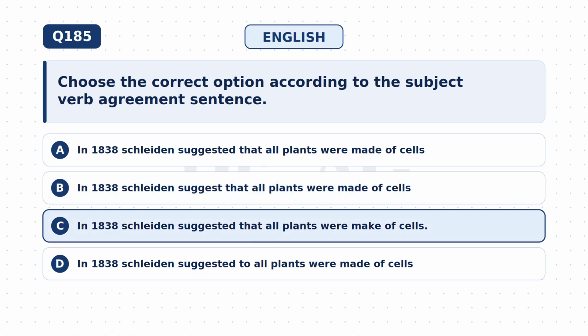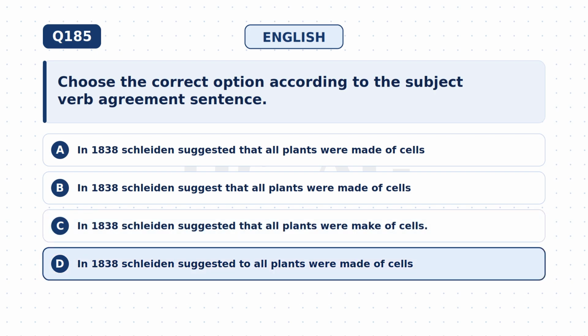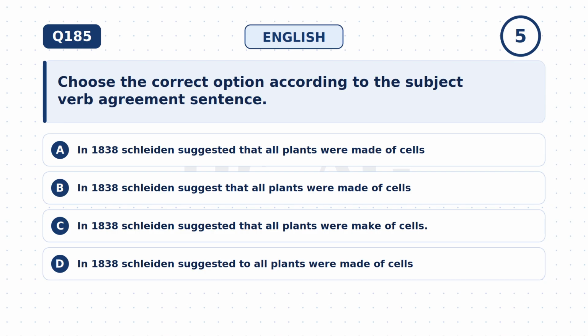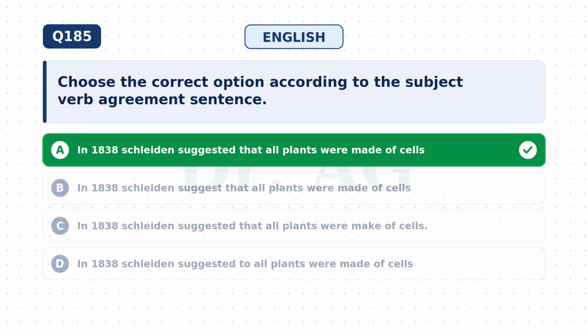Option C, in 1838 Schleiden suggested that all plants were made of cells. Option D, in 1838 Schleiden suggested to all plants were made of cells. The correct answer is A. In 1838 Schleiden suggested that all plants were made of cells.